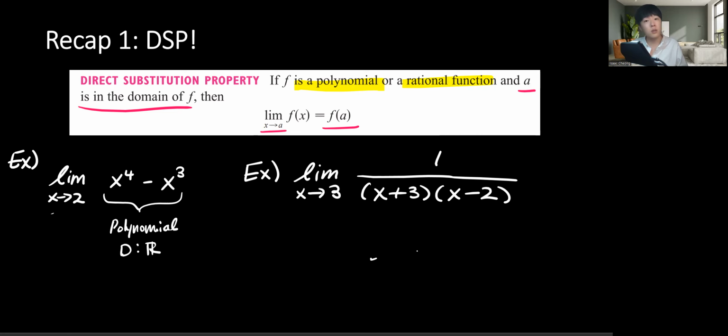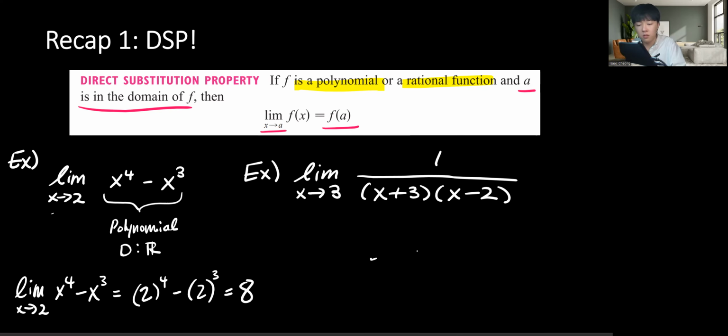Without using a limit law, we're just plugging in. So the limit as x approaches 2 of x to the fourth minus x to the third is equal to 2 to the fourth power minus 2 to the third power. 2 times 2 times 2 times 2 is 16, minus 8 is equal to 8, right? Very easy. We can skip all the limit laws.